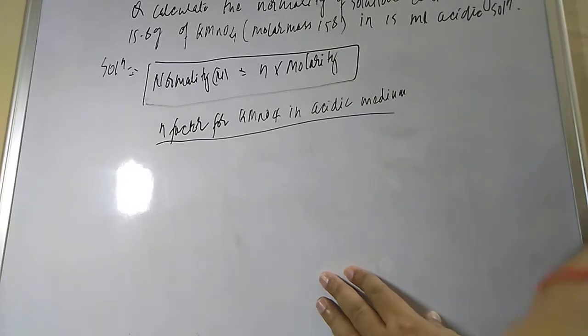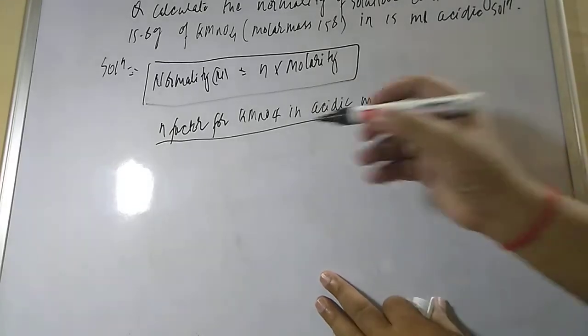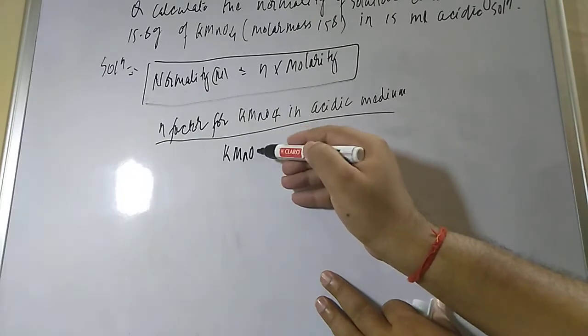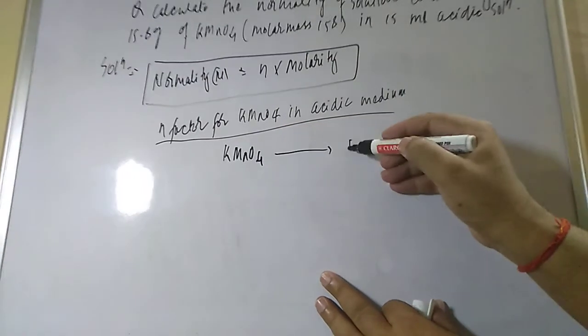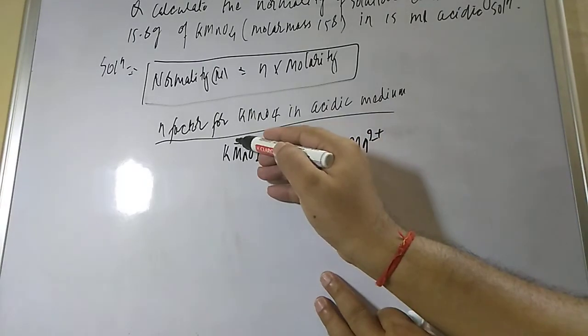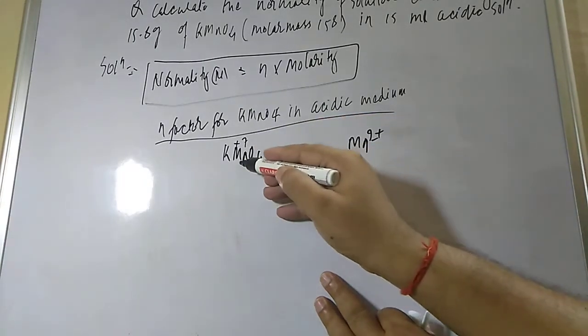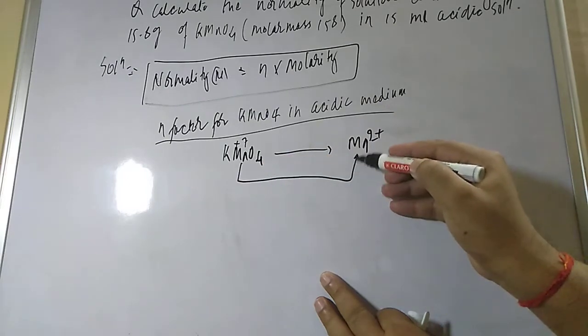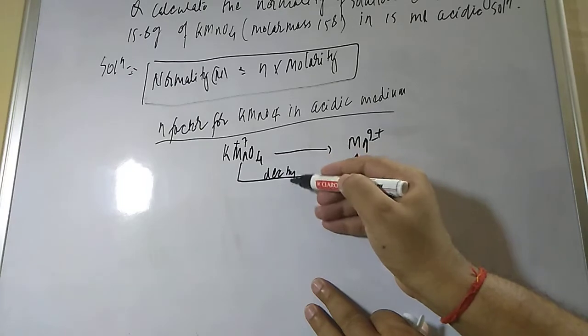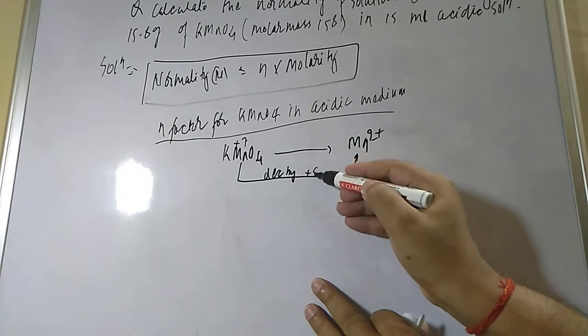So let us first do the solution. Here is KMnO4, it is converting into Mn2+. Here the oxidation number is +7, and here it is +2. So what is the change in oxidation number, student? It decreases by 5.